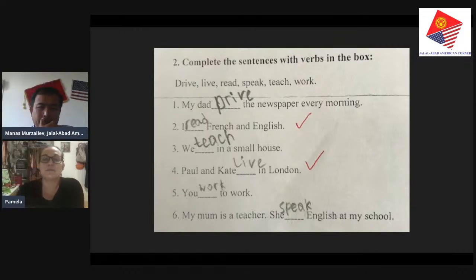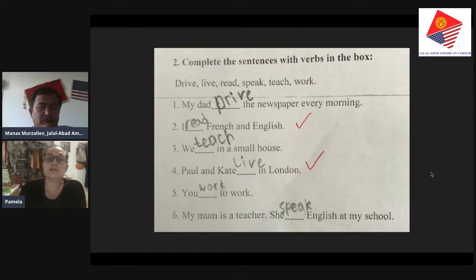So also the problem is that they were asked to change the part of speech as well as identify the verb, and that wasn't clear. It just says complete the sentences with verbs in the box, but it doesn't let you know that some of the verbs need to be changed.